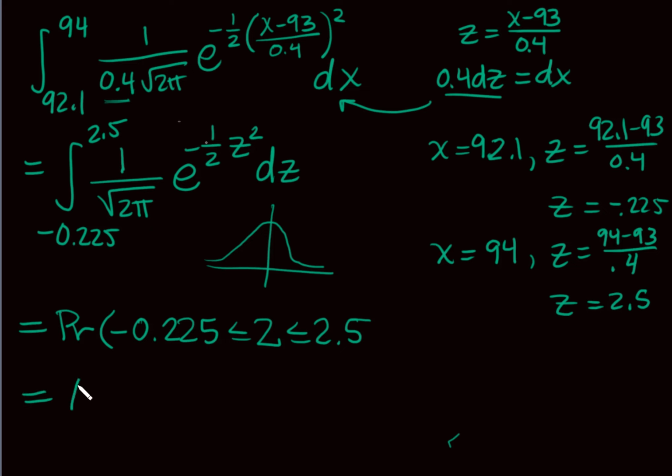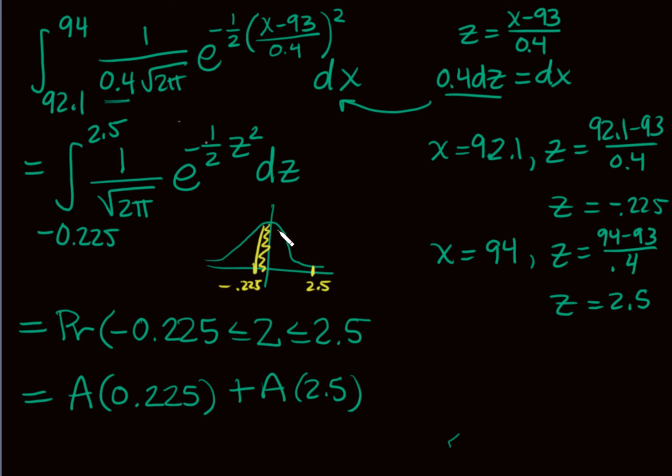I get the area of negative 0.225, which we'll just call positive 0.225 because they're the same, plus the area of 2.5. If you don't get that, draw the picture. Here's 2.5, here's negative 0.225. If I want this area right here, I want all of this plus all of that.